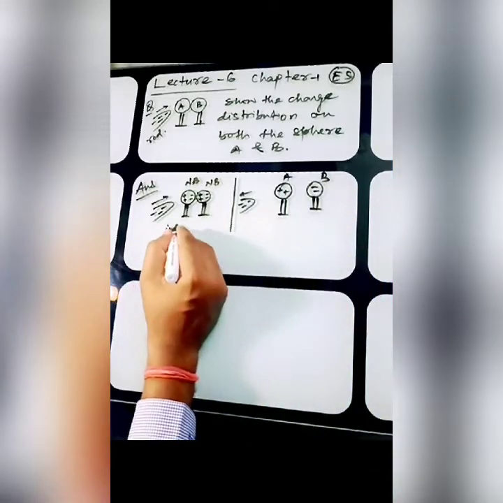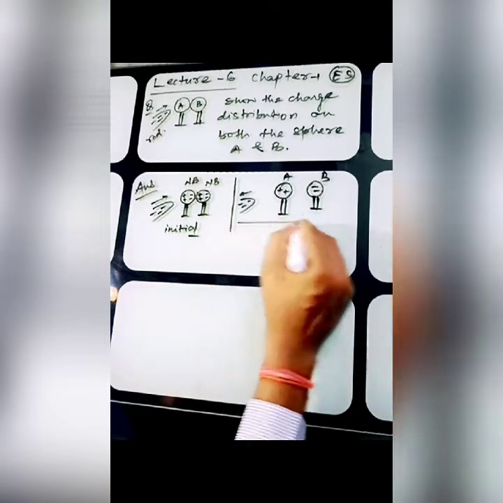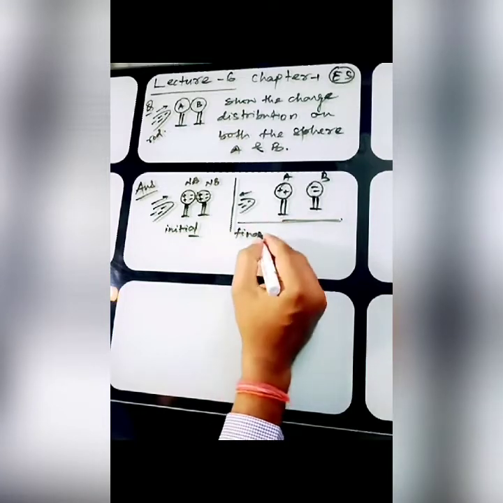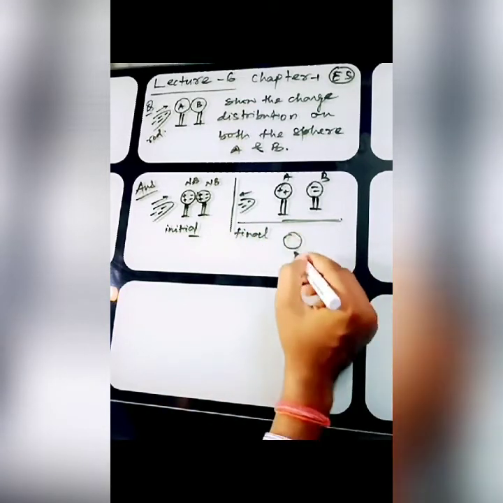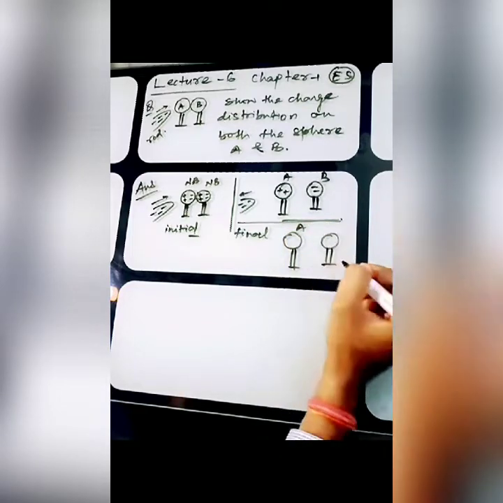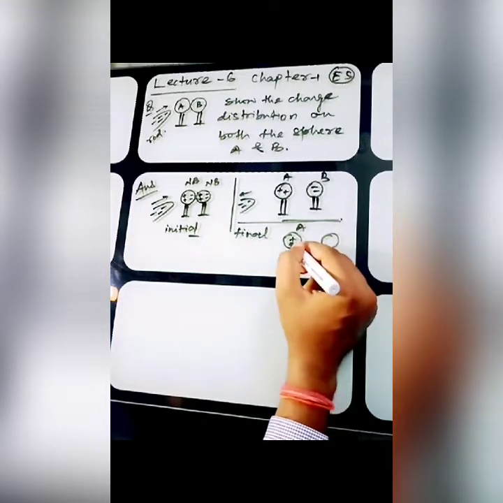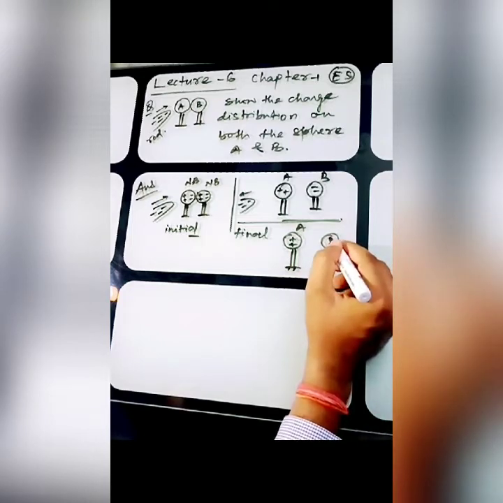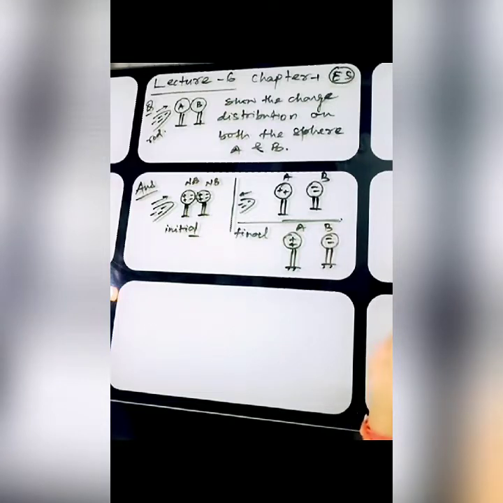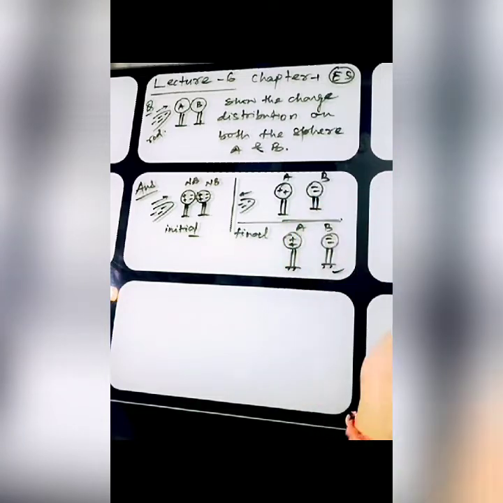So this was the initial condition and this is the final condition. A and B get charged: the positive charge is uniformly distributed over A, and the negative charge is uniformly distributed over B. So this is the answer. In this way you have charged these bodies.